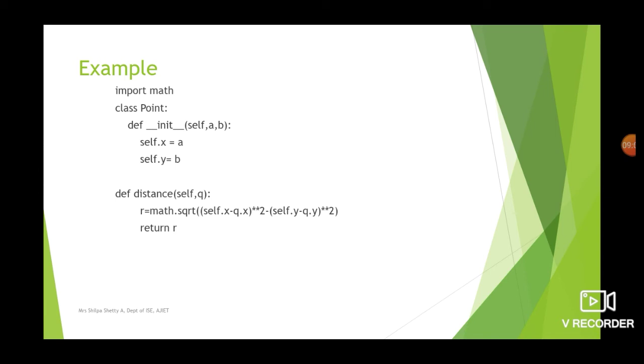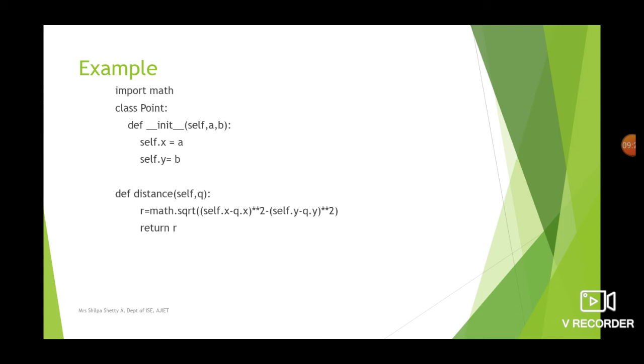That means P1 is invoking the function, whereas P2 is passed as parameter to this function. So here self represents P1 and P2 is nothing but Q. The formal parameters are self and Q, whereas the actual parameters will be P1 and P2.